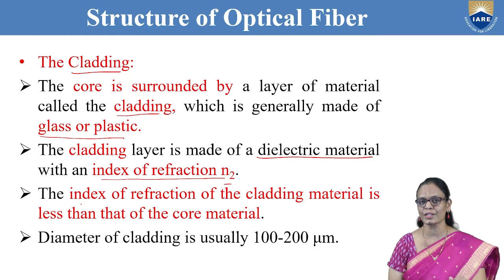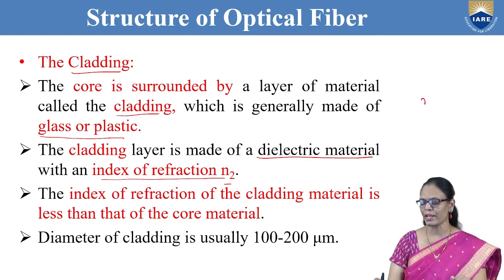Now what we consider here always is the index of refraction of the cladding is less than that of the core. In other words, N1 should always be greater than N2. Means the refractive index of the core should always be greater than the refractive index of the cladding.